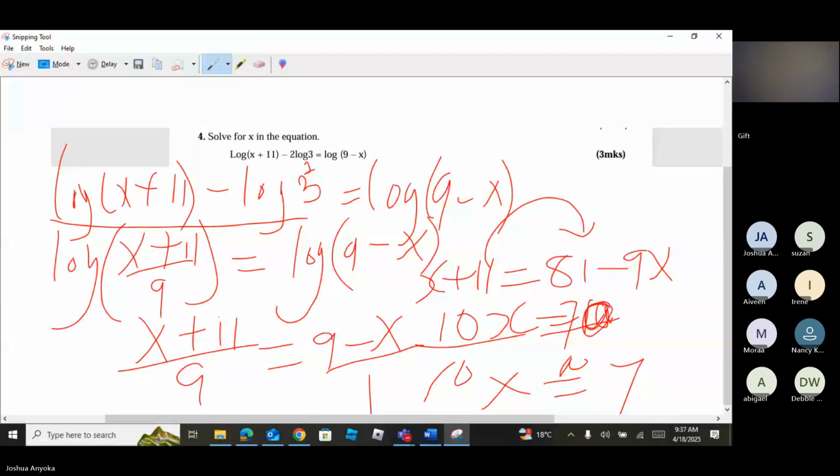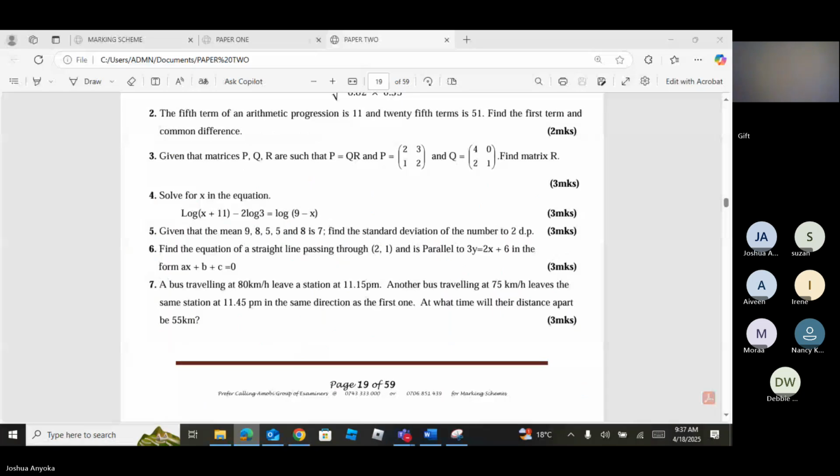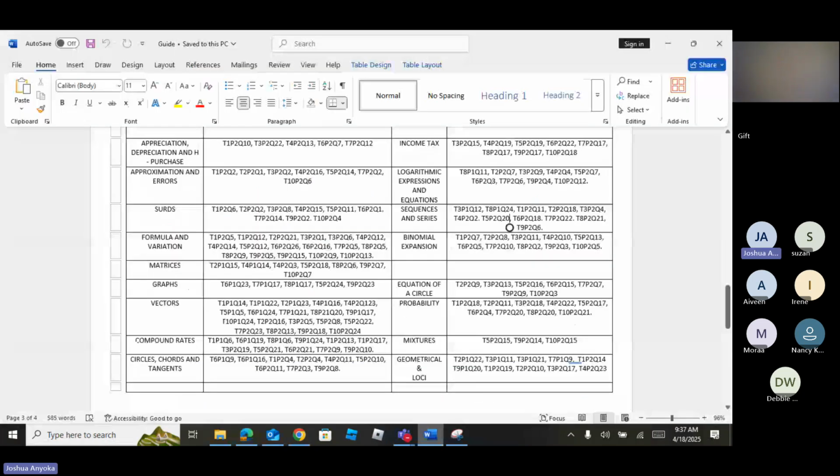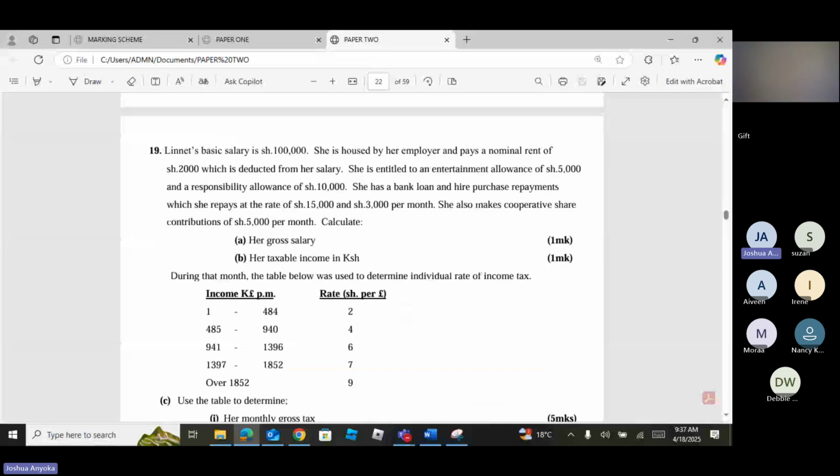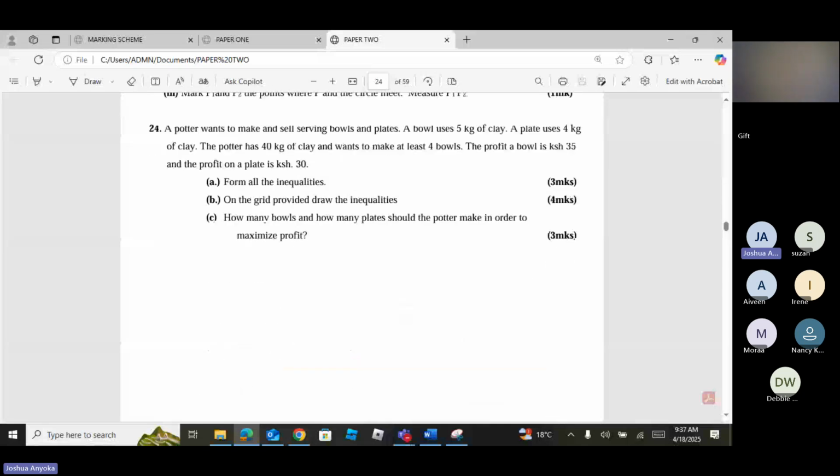Well, we tried the last one. Our next one is trial 5, question 7. If you do many of them, they will start repeating each other.